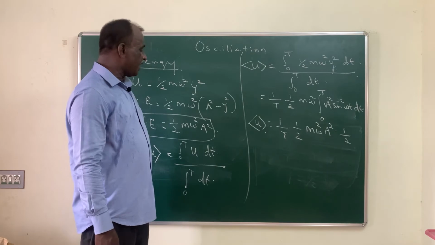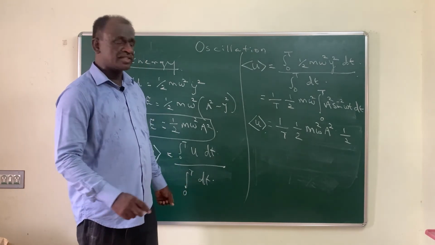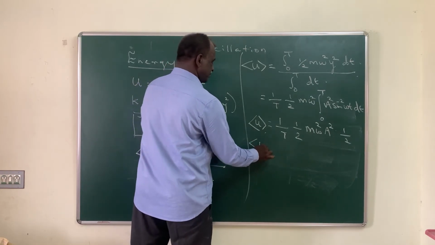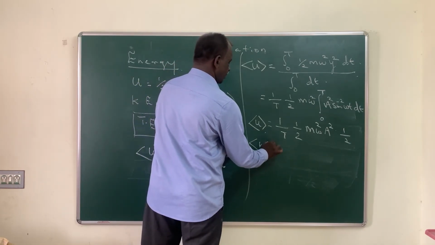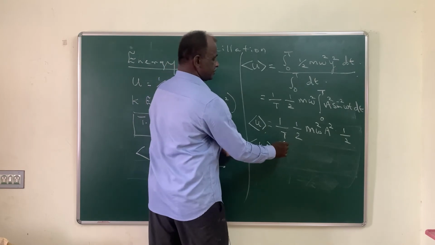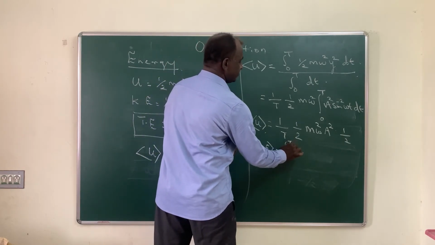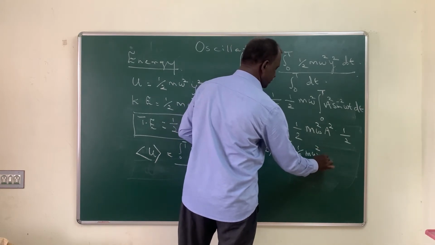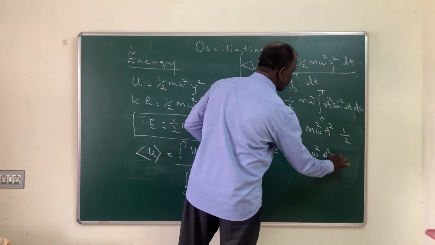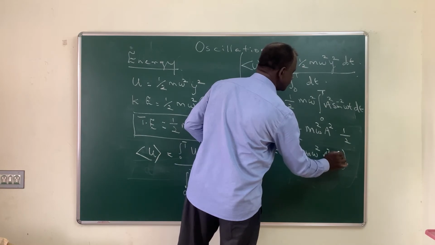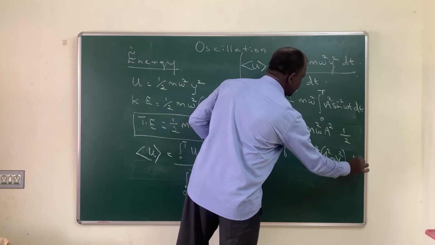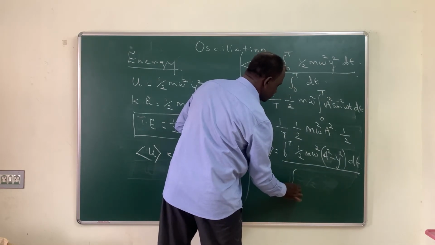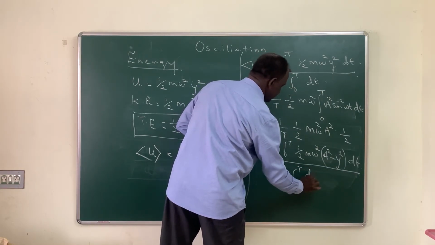Similarly, we can find the average kinetic energy of the particle executing simple harmonic motion. The average kinetic energy is equal to the integral from 0 to T of half into m into omega square into a square minus y square dt, divided by the integral from 0 to T of dt.